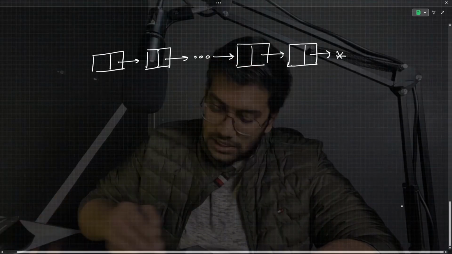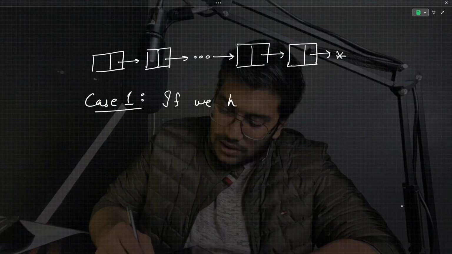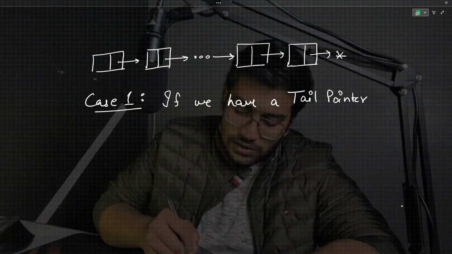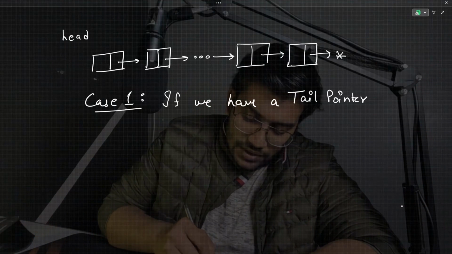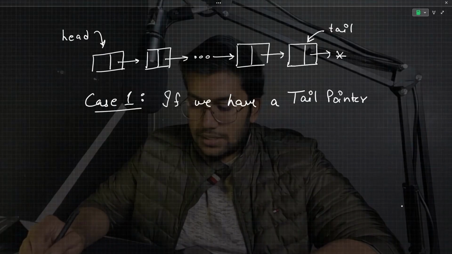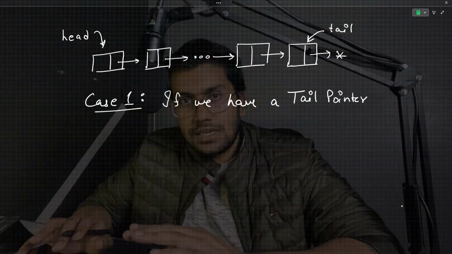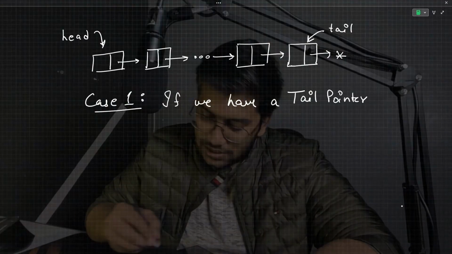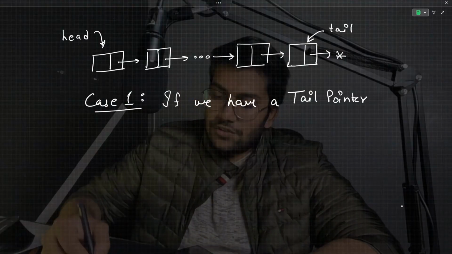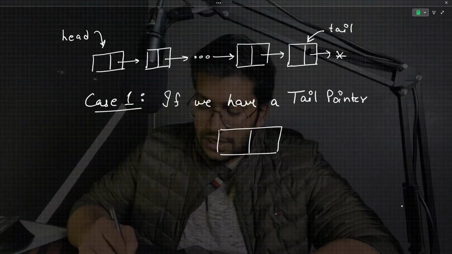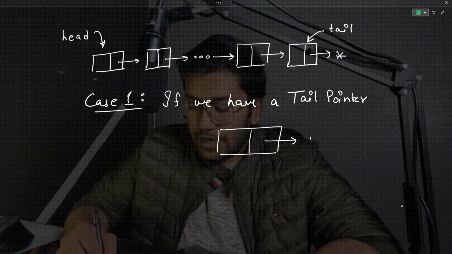So case 1, if we have a tail pointer, that means if I have the head right here, I have the tail right here. This is exactly the same as the previous one, but with a slight difference. If you have the tail pointer available to you, the very first step is to create this new node, which would be pointing to null.